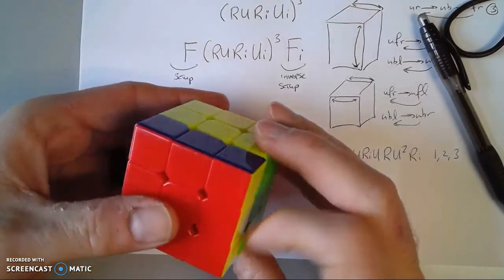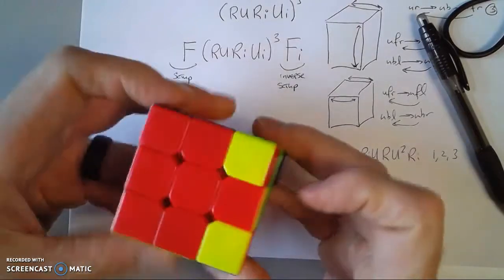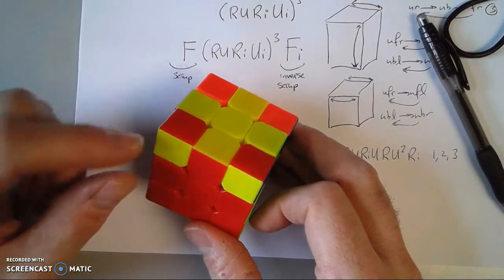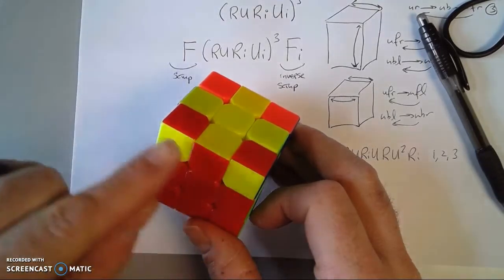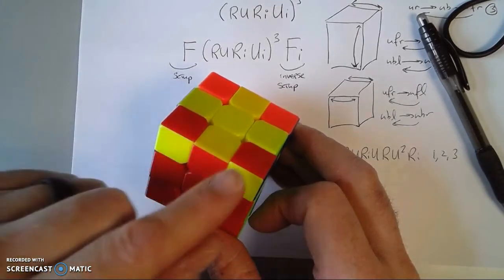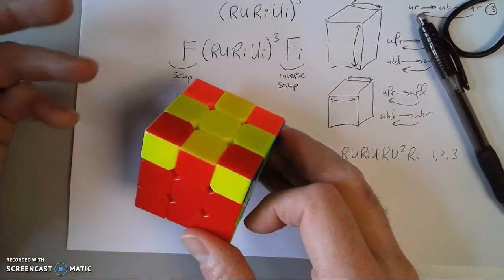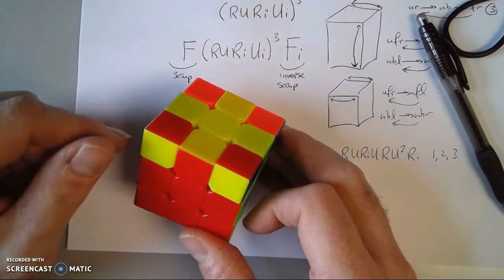So let's look at that again. We have this situation where the pieces are being exchanged and they're being twisted. They're being oriented differently. Now in our class, we're not worrying too much with the orientation.